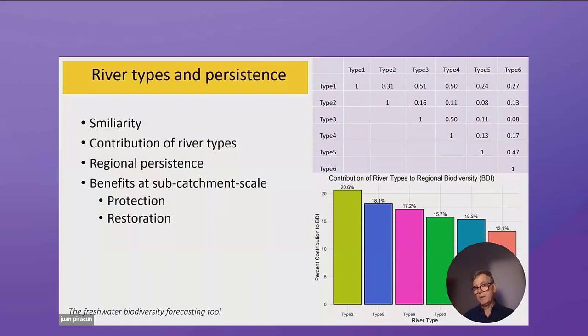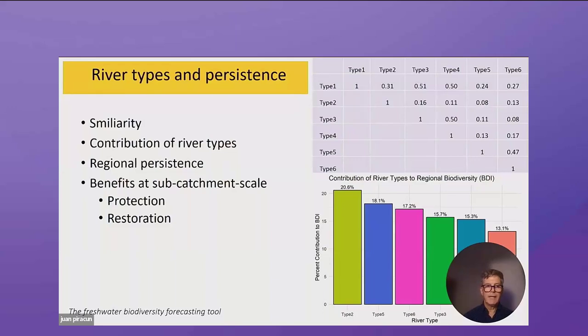Then what we do is take each subcatchment and modify, hypothetically, the condition to generate a spatial layer that represents spatial patterns in the relative contribution of each subcatchment, in this case 13,000 or 12,000 for the fine scale model, to regional biodiversity.